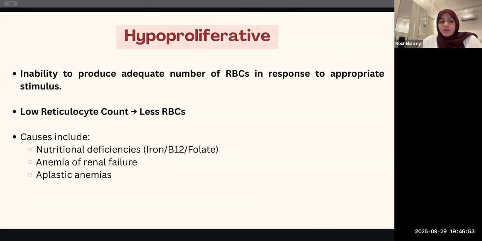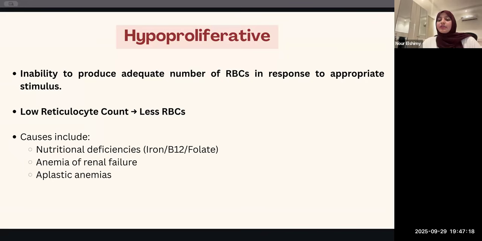And hyperproliferative anemia is usually found in nutritional deficiencies like iron, B12, and folate. So iron deficiency and megaloblastic anemia due to B12 and folate deficiency are all hyperproliferative. So when I tell you, for example, to classify iron deficiency anemia based on underlying mechanism, you're going to tell me hyperproliferative.